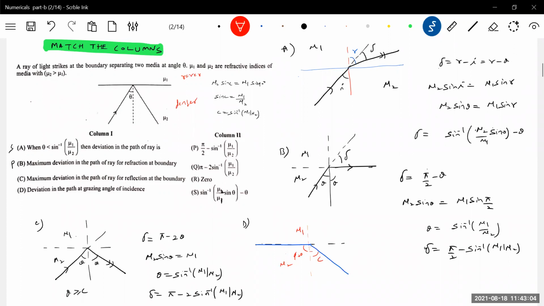Deviation in the path, mu2 sine 90, grazing incidence. This one only. Mu2 sine 90 should be equal to mu1.